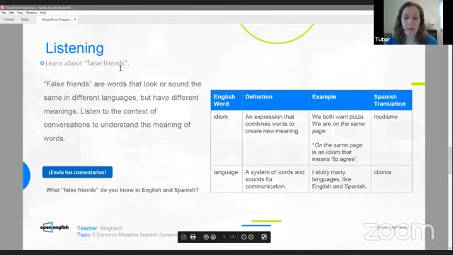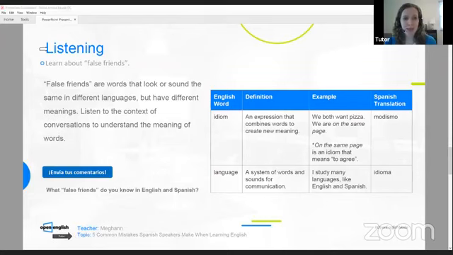Okay, we are talking about 5 common mistakes that Spanish speakers make when learning English. We talked about vocabulary, grammar, and pronunciation. Now we can talk about listening. Learn about false friends. False friends are words that look or sound the same in different languages, but have different meanings. Parecen similares, pero son diferentes.